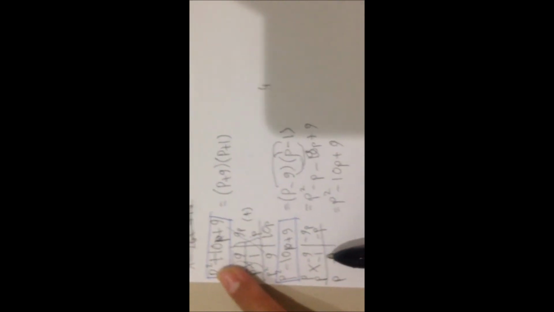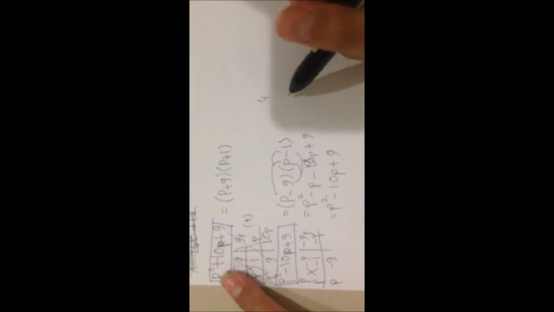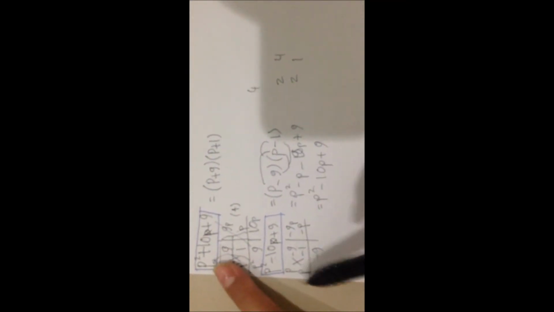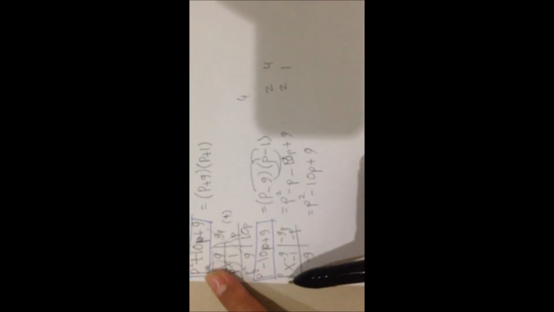If your last number isn't a prime number, you may have to use multiple cross methods. So if you have 4, in the second column you can either write 2 and 2 or 4 and 1. But as you can also notice, these ones have the first term with one value, so that makes it easier for the cross method, because in the first column you don't have to worry about writing it down.